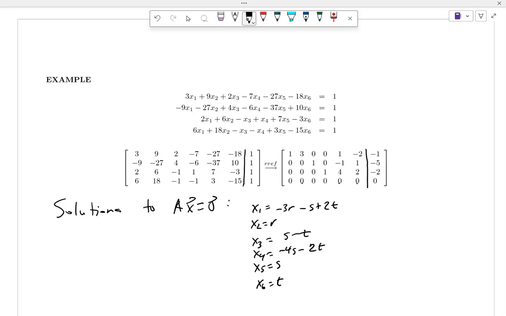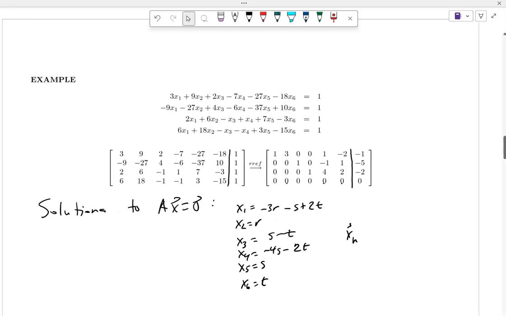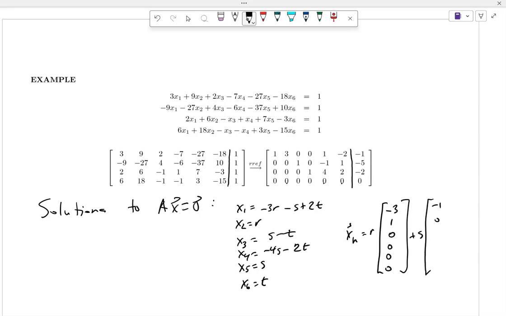And then we also talked about how we can split that up into pieces, right? Okay. I'm going to label it as X sub H, just to illustrate with what the previous theorem is. Your X sub H would be R times what? With a bunch of zeros, right? Your S would be good.